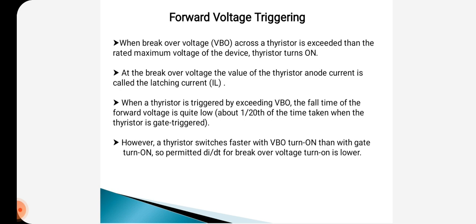When a thyristor is triggered by exceeding VBO, the fall time of the forward voltage is quite low, about 1/20th of the time taken when the thyristor is gate triggered. However, a thyristor switches faster with VBO turn on than with gate turn on. So the permitted di by dt for breakover voltage turn on is lower.